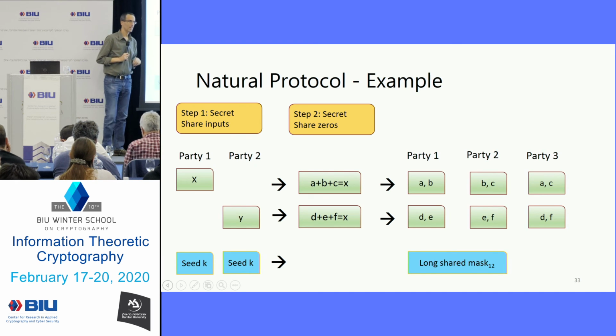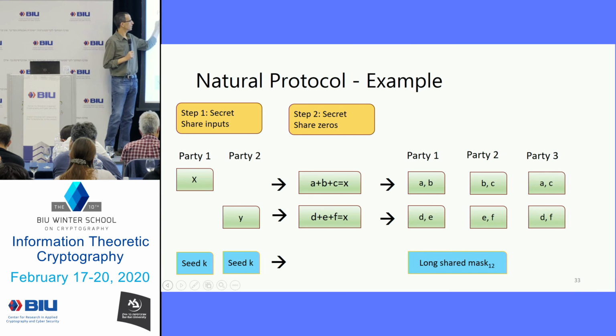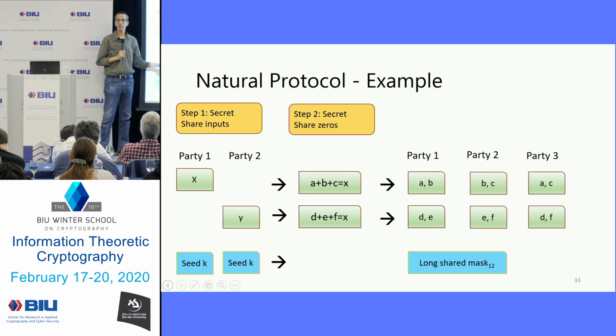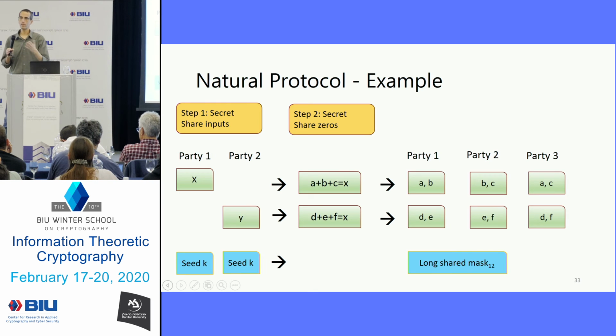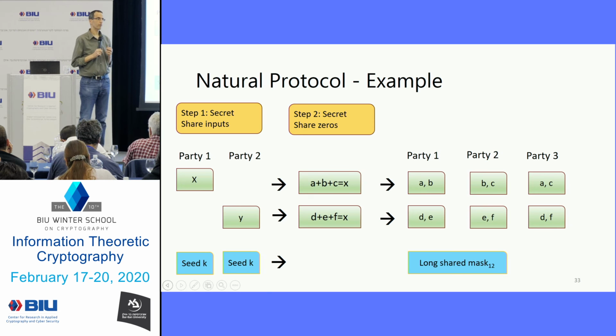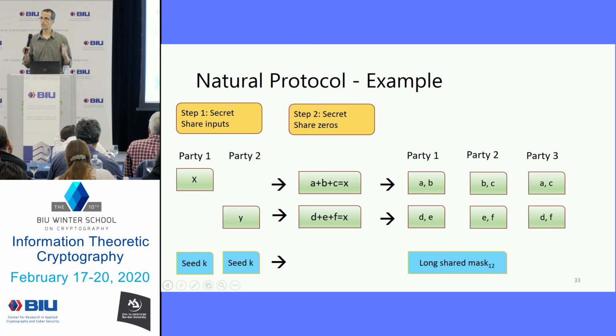So every pair of parties shares the same seed, and given this seed, they can expand it to a very long string. They both have the same string, and the third party has no information on what they get. Well, it's totally random. So in this sense, they very efficiently share a very long vector of zeros, because they have exactly the same vector.